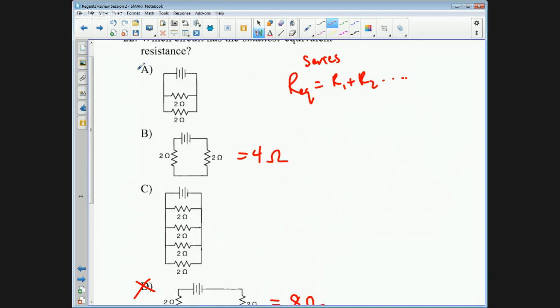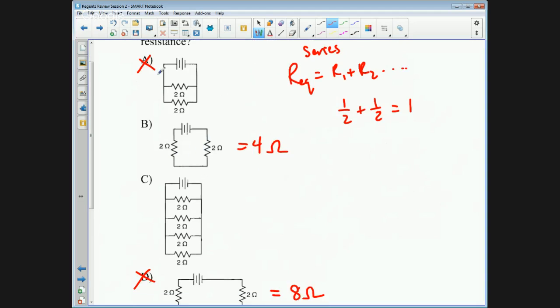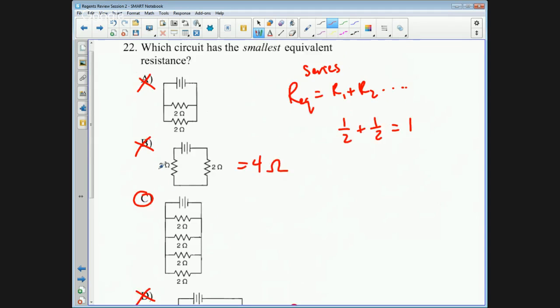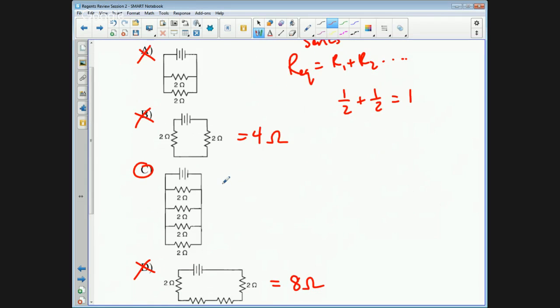We can also eliminate A, because it only has 2 resistors here. 1 over 2 plus 1 over 2 equals 1, and then 1 over 1 equals 1. We're going to eliminate that, though, because I just know that's not the right answer. All right? And since this was 1, this 4 can also get eliminated, since 4 is greater than 1. That leaves C. Usually in these problems with the smallest equivalent resistance, it's almost always a parallel circuit.